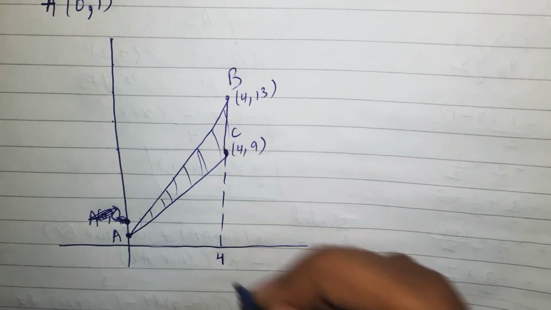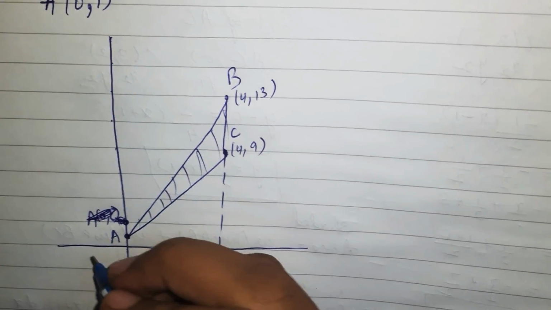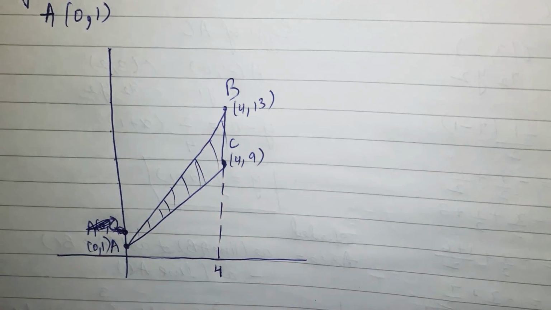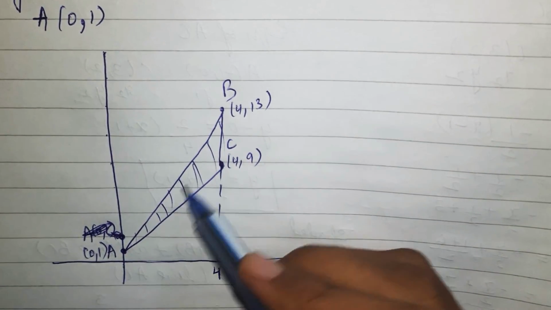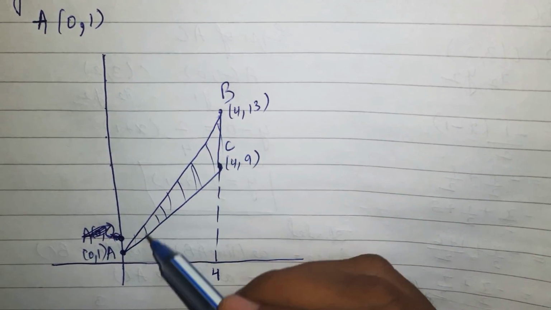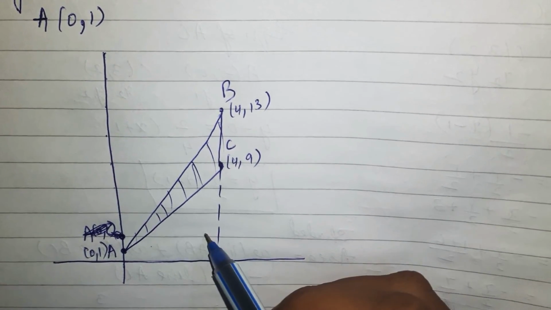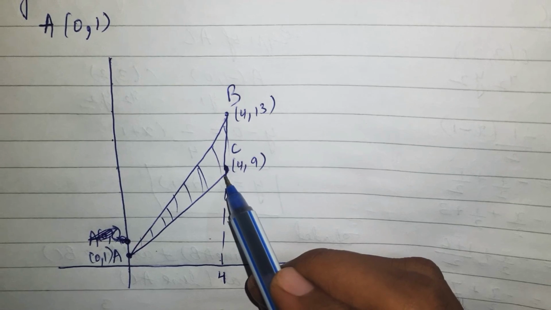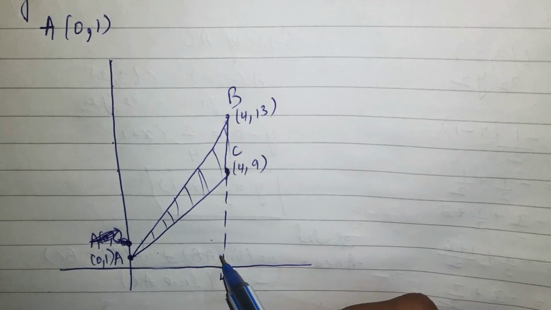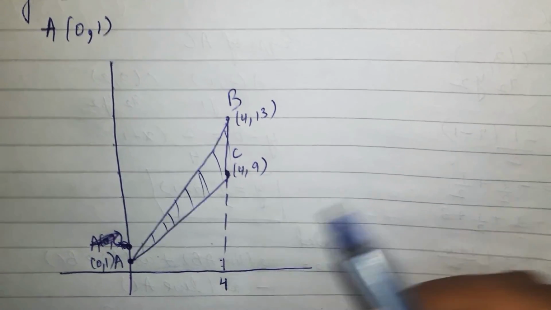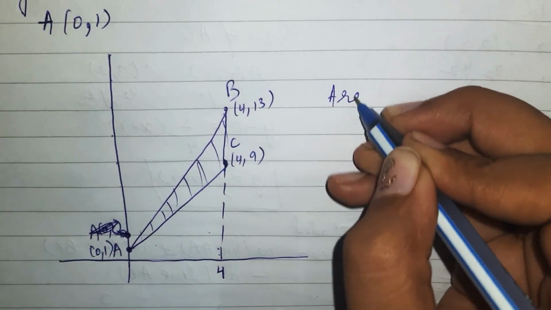Limit is 4 and this is 0 comma 1. So if I want to calculate this area, AB line will cover this area also, limit 0 to 4. If I'll subtract from AC line, and this line I am using as limit, so all the three lines are used. So how to calculate this area?